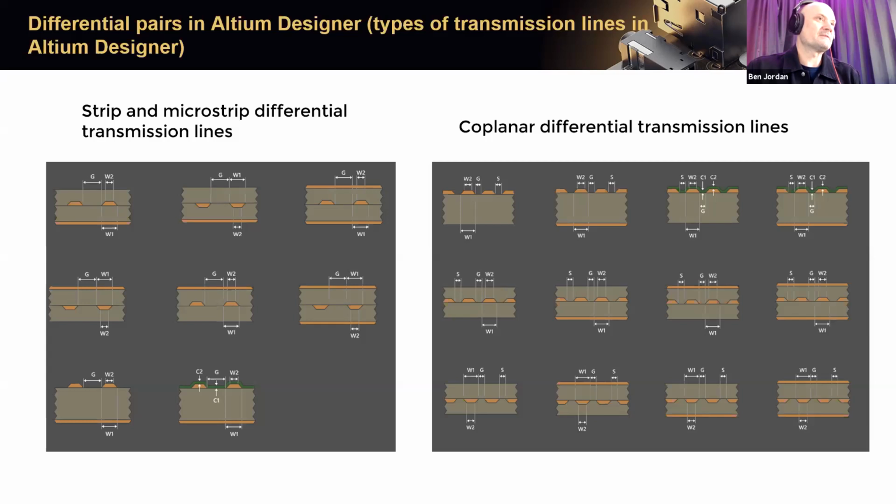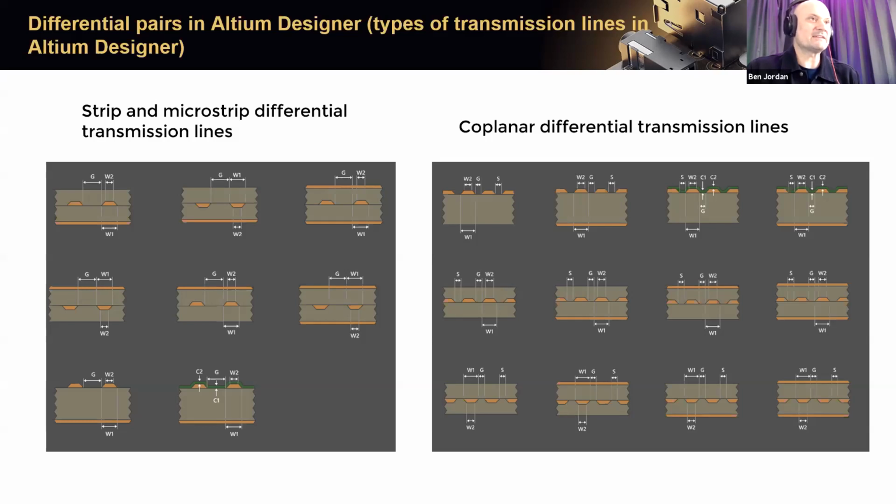The very top left example is a differential microstrip where the layer between the microstrip pair and the reference plane is a core. And so the trapezoids point up away from the core and into the prepreg, which is laminated over it.